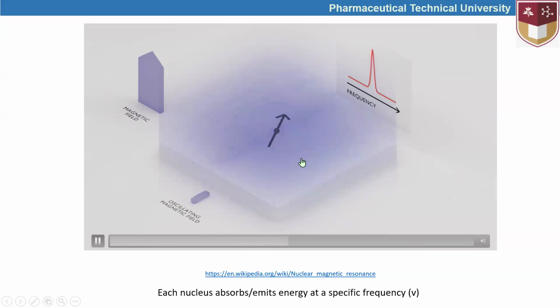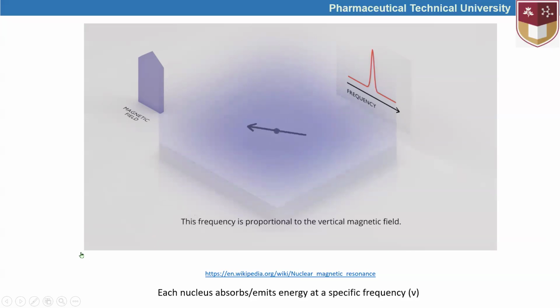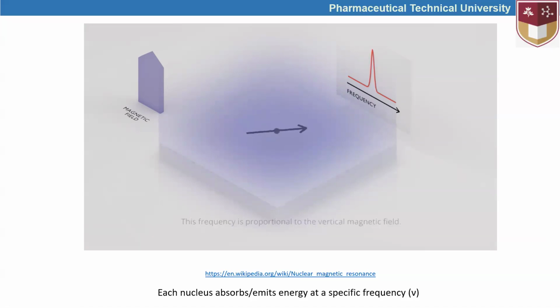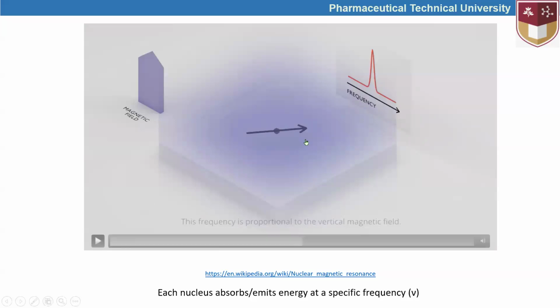And there we observe resonance under the changing radio frequency. So those changes are turned into the frequency, and based on those frequencies and signals, we are able to identify the compounds that belong to different functional groups.